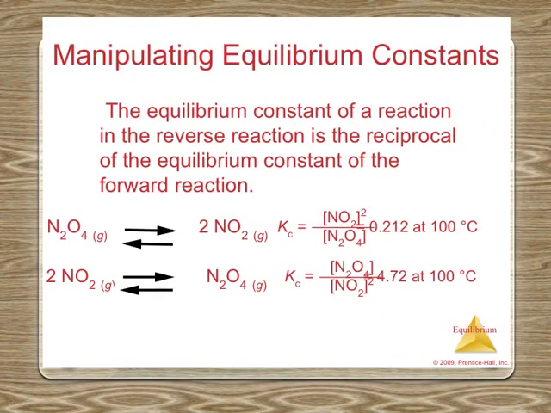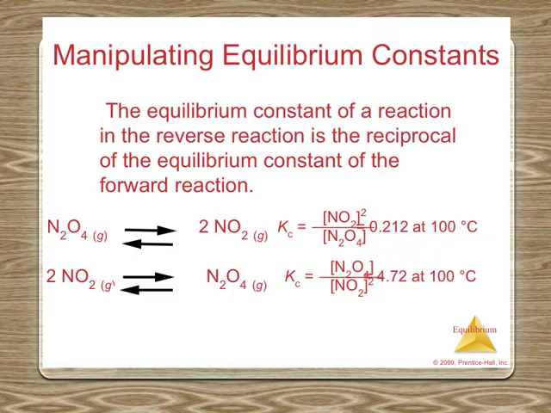It's important to be able to look at the equilibrium constant in terms of what's happening with the equation. For example, for the forward reaction, our equilibrium expression is going to look like this, and the value of our equilibrium constant is going to be 0.212 at a given temperature.